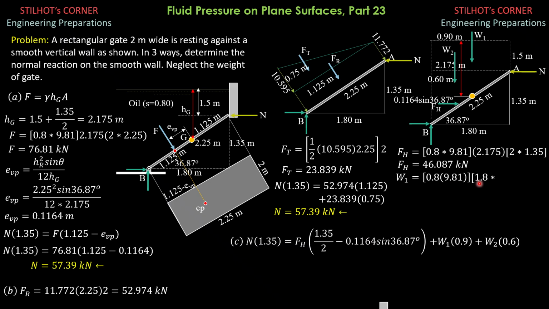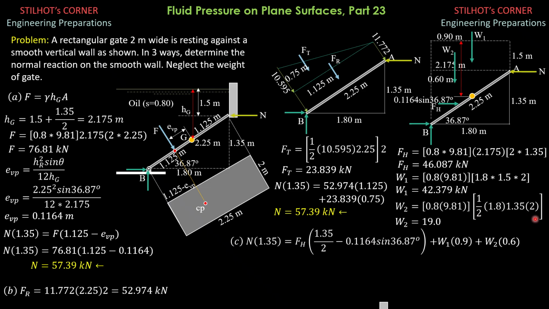So weight 1 is equal to 42.379 kilonewtons. Weight 2 is specific weight 0.8, 9.81, 1 half of 1.8, 1.35, perpendicular to the screen 2. So weight 2 is equal to 19.071 kilonewtons.